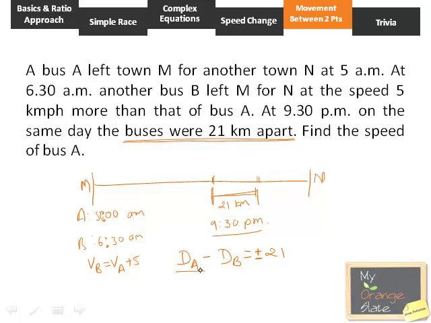Now distance is equal to speed into time. The speed of bus A is of course VA, and the time that A runs for is 16.5 hours. Did you make the mistake of not reading AM and PM, friends?